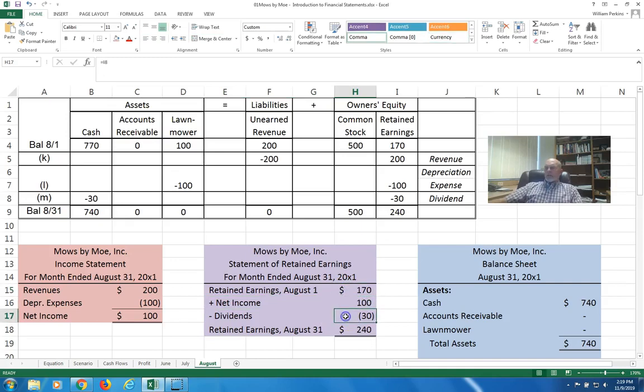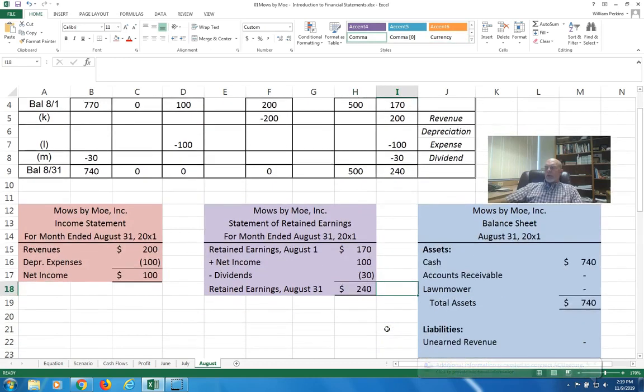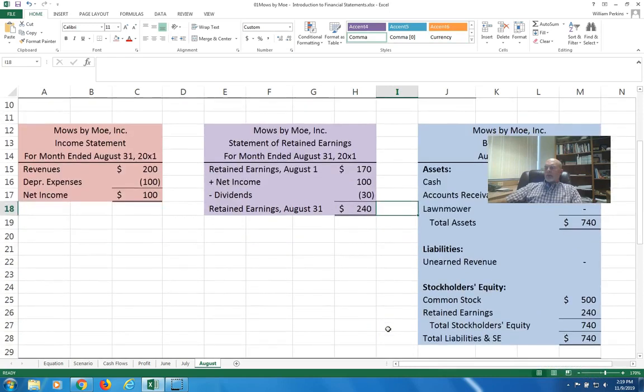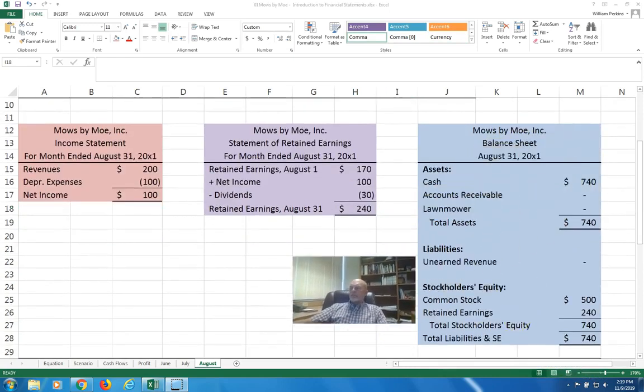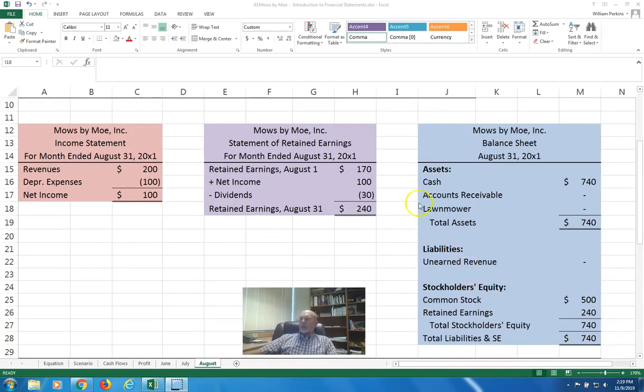Subtract out the $30 of dividends, and there's our $240 ending retained earnings. And then that $240 is what's going to be reported on the balance sheet at the end of August. And that balance sheet, again, is the column totals, the status of the accounting equation at the end of August.